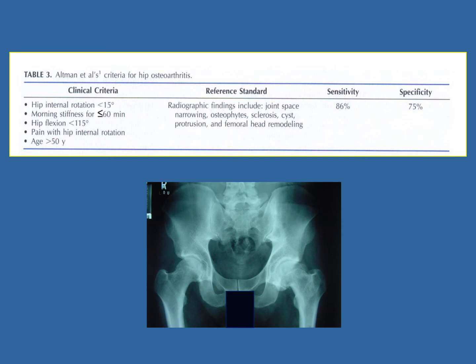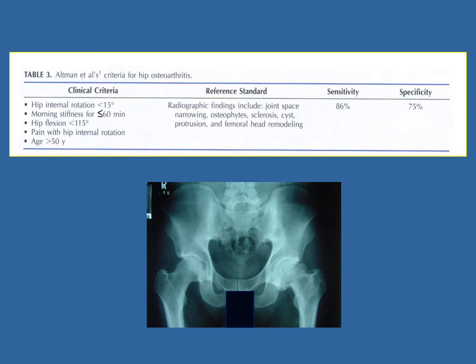However, the specificity suggests that if they have these findings, and I'd say you probably need at least four of these, you probably need age, you probably need one of the range of motion components and pain associated with that, and you probably need to have that consideration of a lack of morning stiffness.